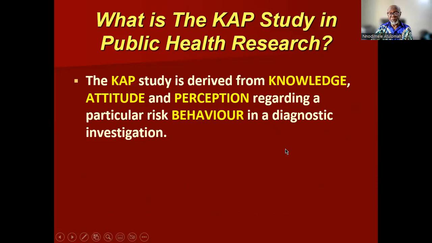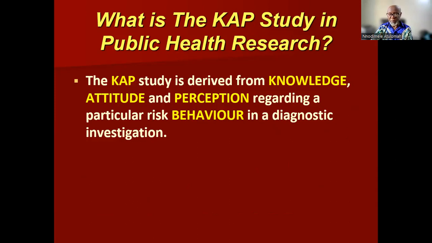Now, the KAP study is derived from knowledge, attitude, and perception that are connected to a particular risk behavior in a diagnostic investigation. Usually, people think KAP stands for knowledge, attitude, and practice. No, that is not complete, because the P is supposed to be perception, not practice.